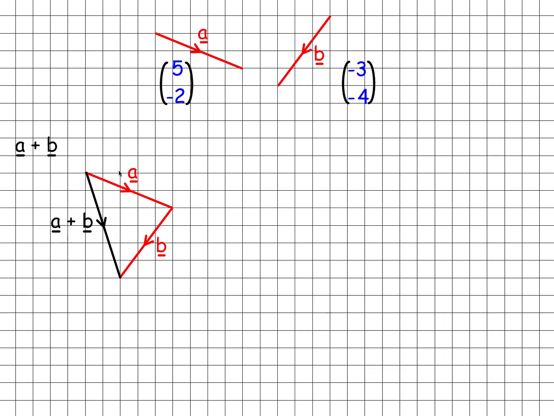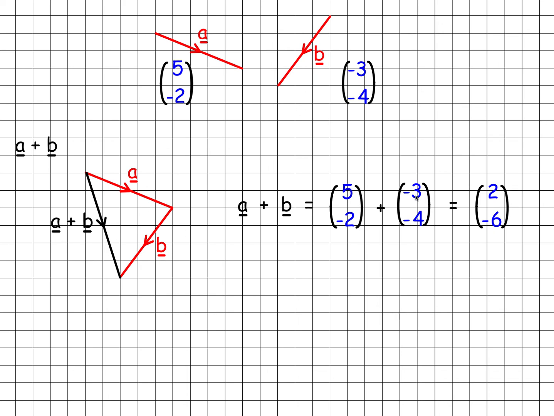It's 2 to the right. It was 5 to the right, then 3 back to the left. Overall, it's just 2 to the right. And then in the y components, A took you 2 down, and B took you 4 down. So altogether, you should have gone 6 down. And if you look at A plus B, it's going down 6. So that's what you get from the components.